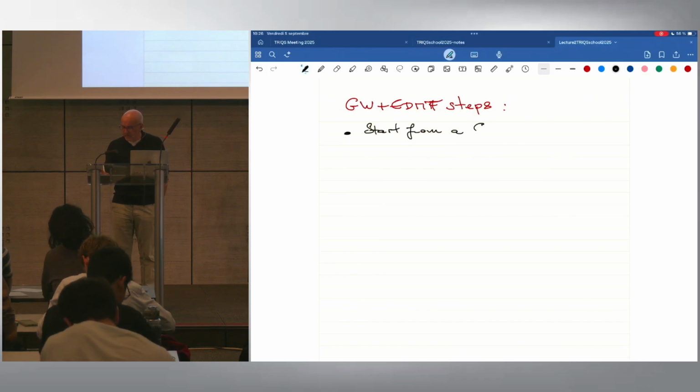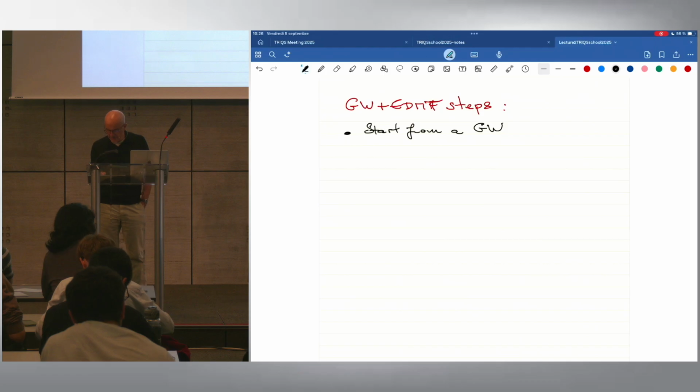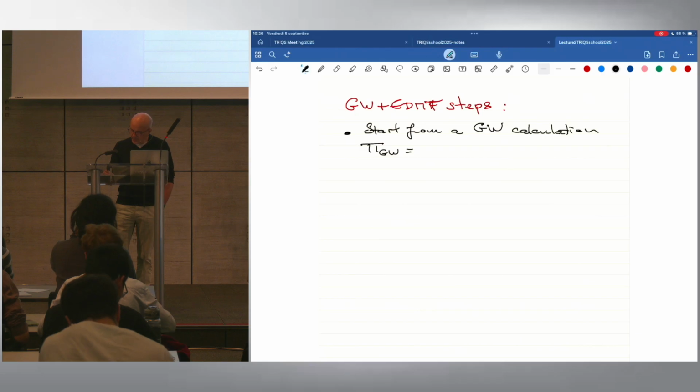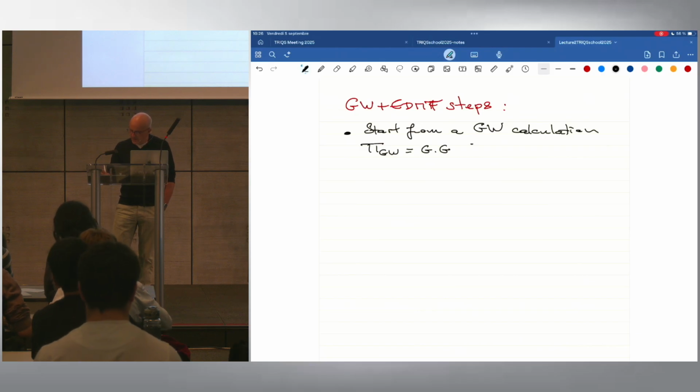Whether the starting point is fully self-consistent or not, it may not be totally important. And you're going to compute pi as a first step in the GW approximation. So pi GW is GG, and sigma GW, as we've shown, is minus GW.